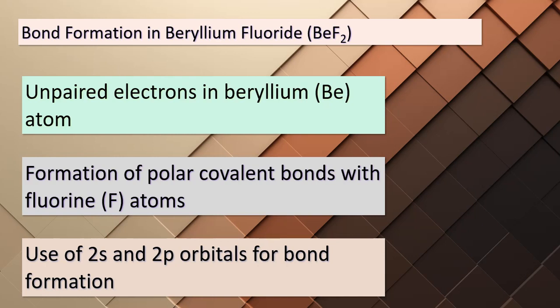Why? Well, it's due to the way beryllium's electron orbitals come into play. One of the bonds is formed using a 2s orbital, while the other employs a 2p orbital. This orbital distinction gives rise to the asymmetry in the bonds. But how does all of this explain the structure of BeF2? Let's move on to the next topic to unravel this mystery.